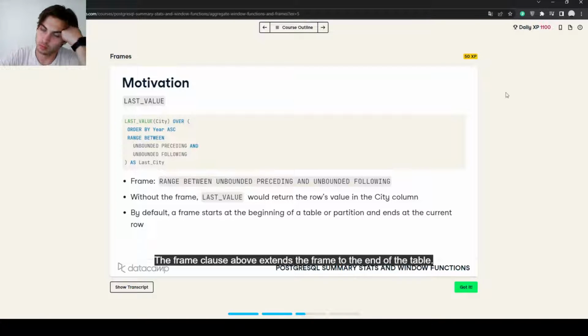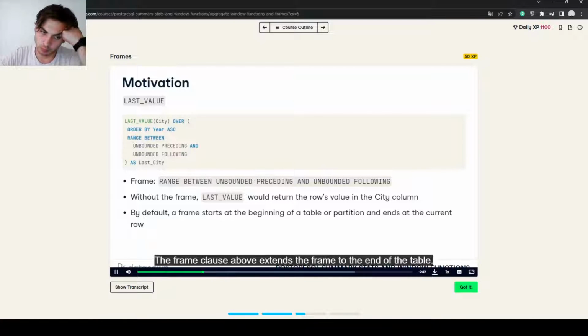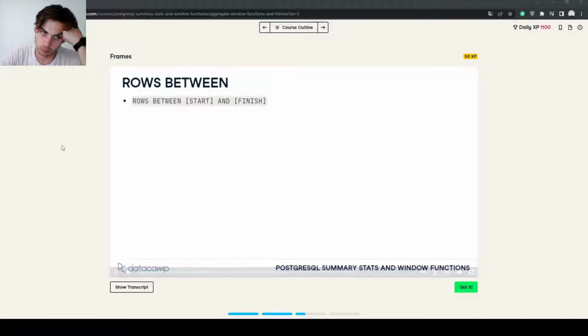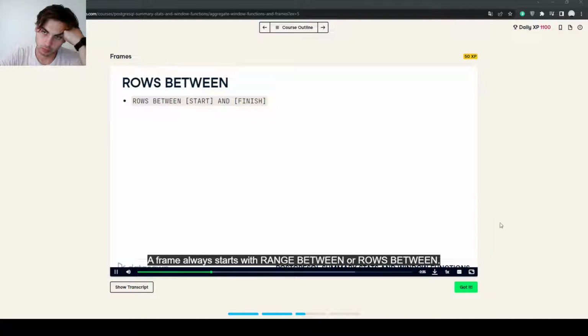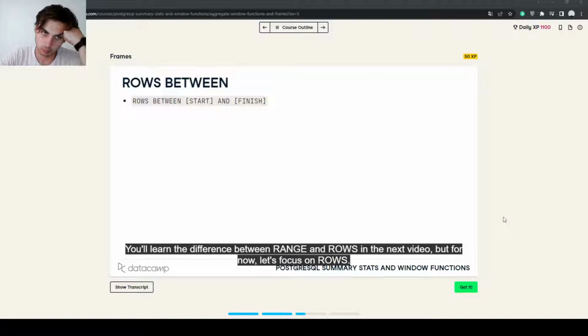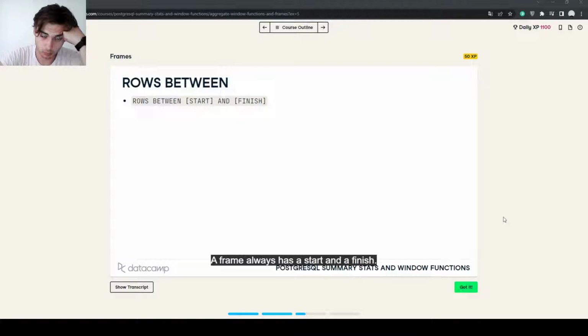The frame clause above extends the frame to the end of the table. How do you define a frame? A frame always starts with range between or rows between. You'll learn the difference between range and rows in the next video, but for now, let's focus on rows. A frame always has a start and a finish.